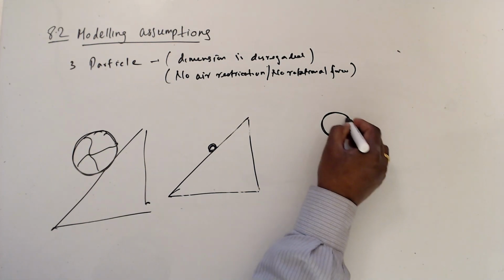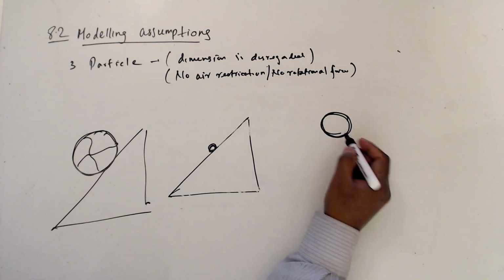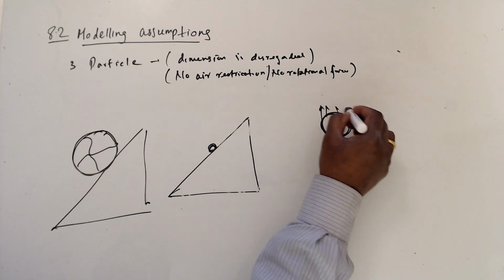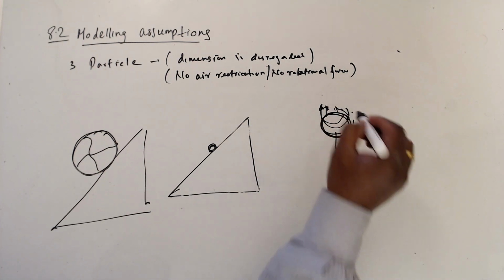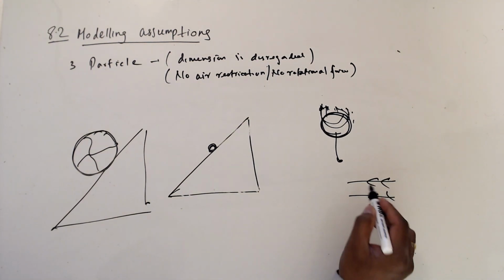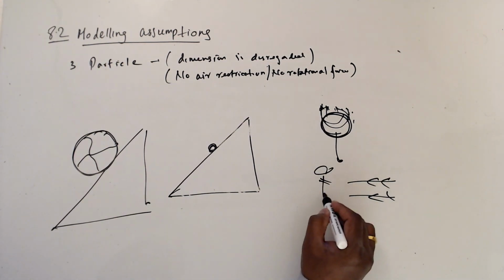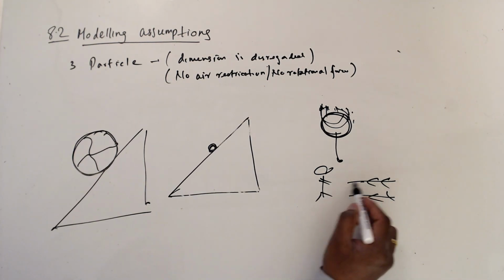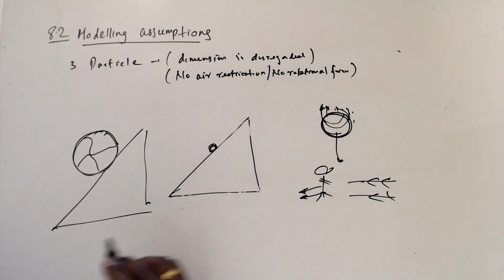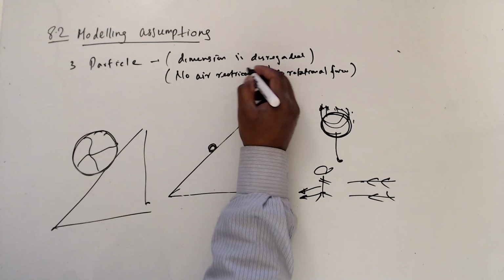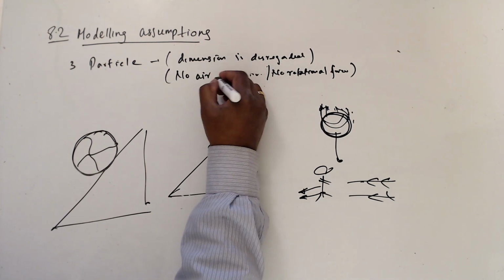If a ball or an apple is falling down, then there is air resistance. For example, if wind comes from this direction and we run towards this direction, we feel that the wind is pushing us back. So that is air resistance.